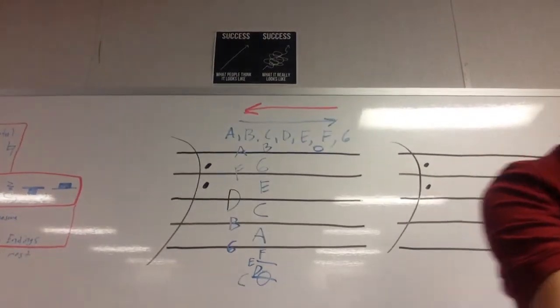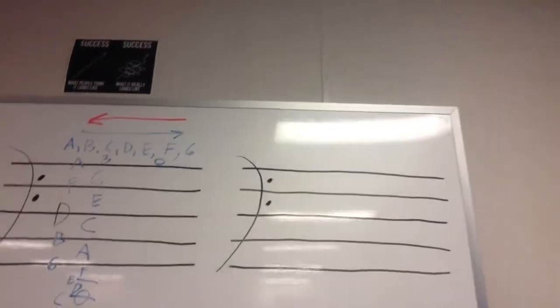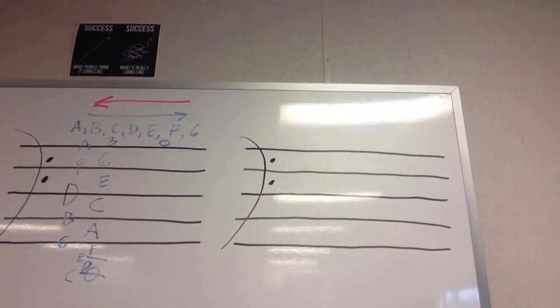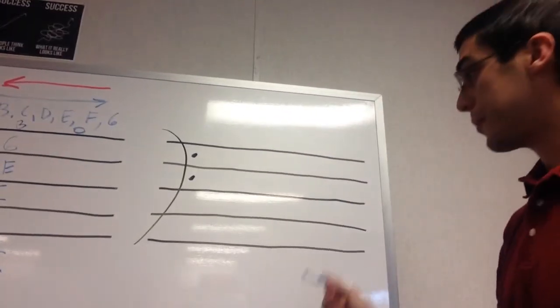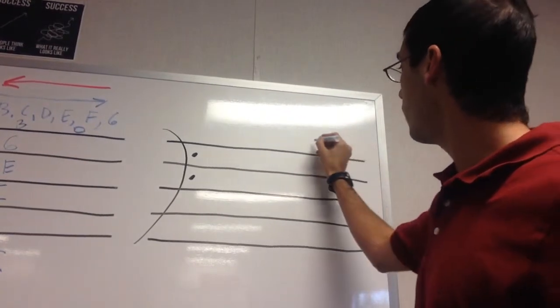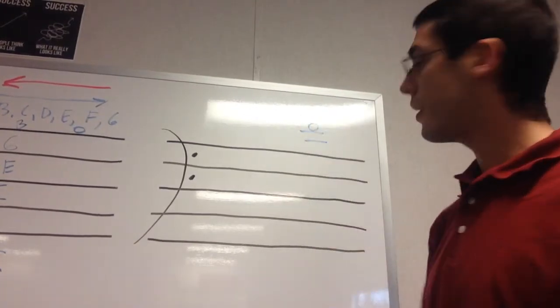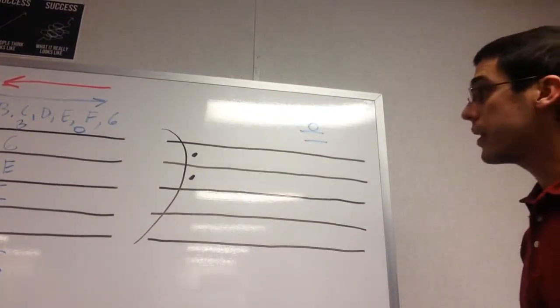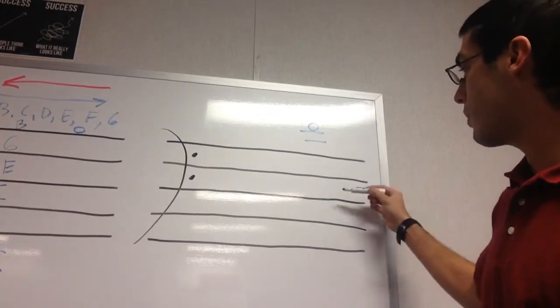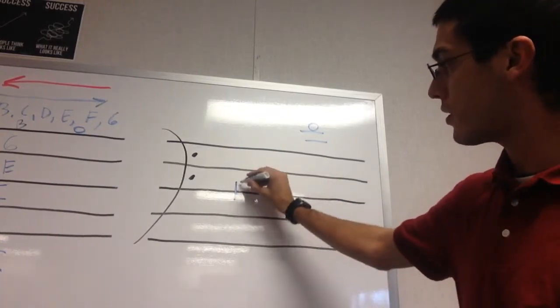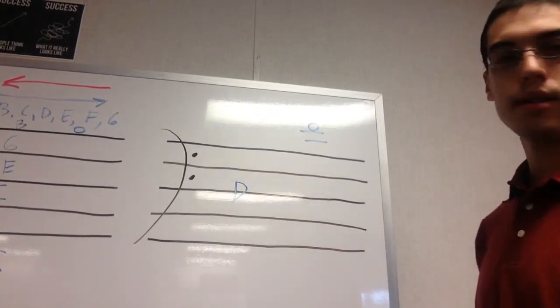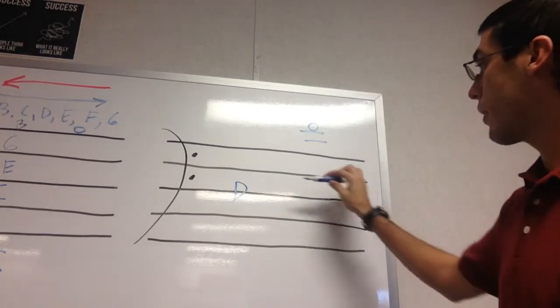Now let us come over here and get a little bit of practice at this. I want you to find that note. Now remember, start with your bass note. I'm going to go ahead and give you that one because that you should know. D is that bass note for us. Work your way up.